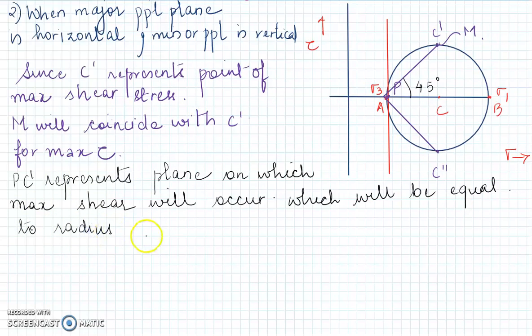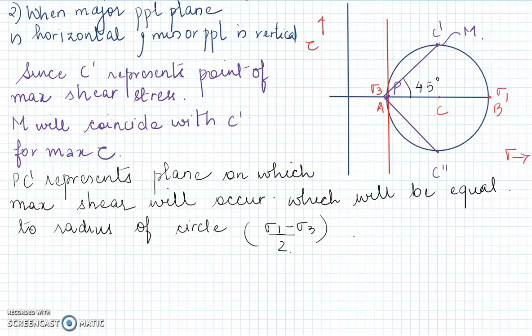And what is the radius of the circle? Radius of the circle will be nothing but sigma 1 minus sigma 3, that gives you the diameter, divided by 2.